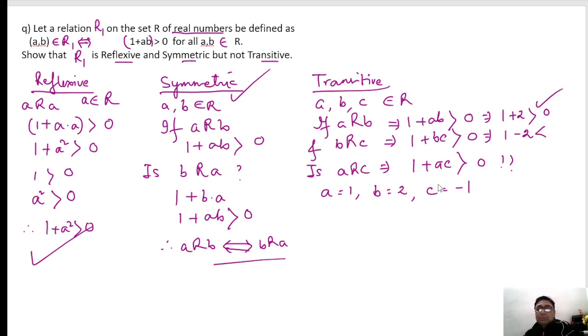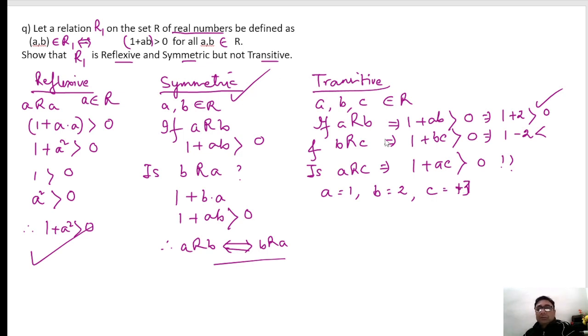Sorry, we have to choose B and C. Let us choose this as plus 3. C as 1 minus 2, which is coming less than 0, B and C.